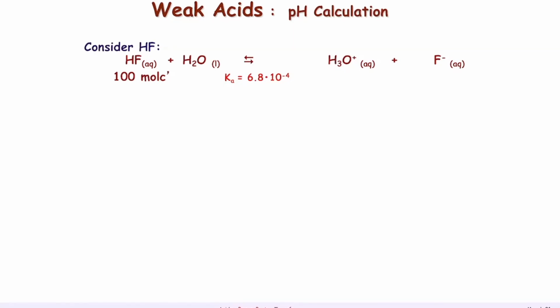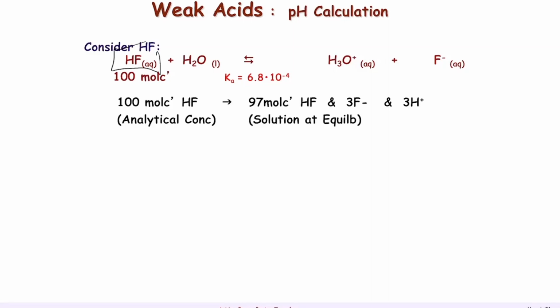Most of it stays as HF. Most of it stays as this guy right here. Okay, so this example tells you that something like 3% of it ionized, 97% of it stays as HF.